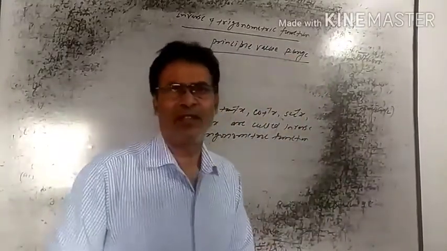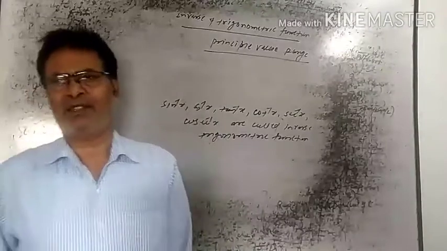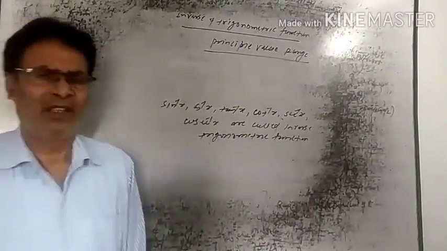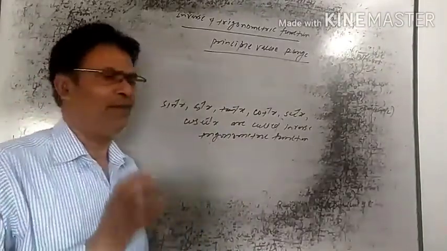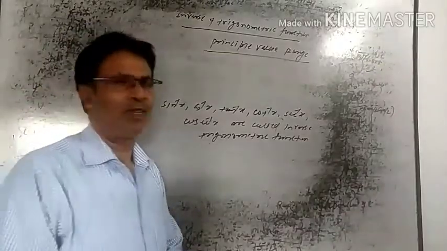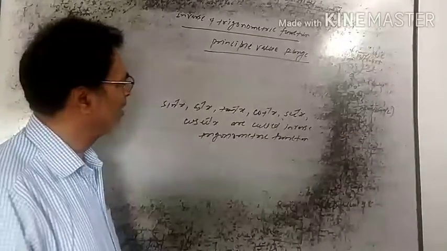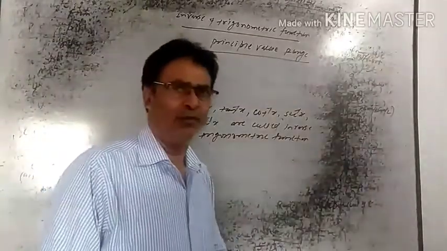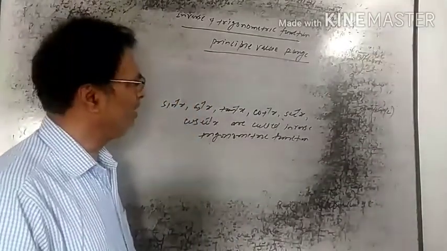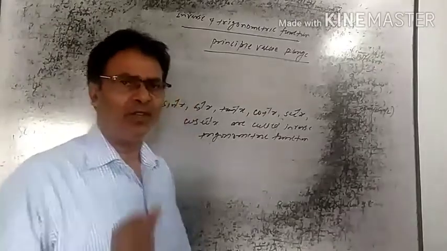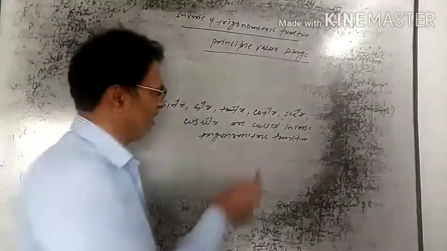Since the inverse of a function exists when the function is one-one and onto, but a trigonometric function is not one-one and onto in any interval. It is one-one and onto in a particular interval.